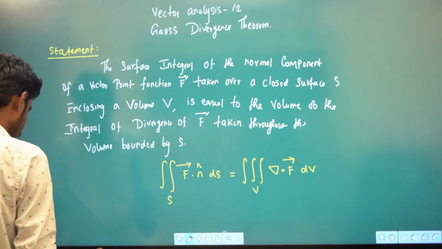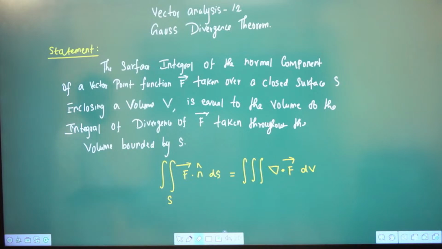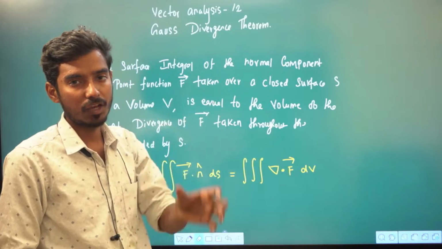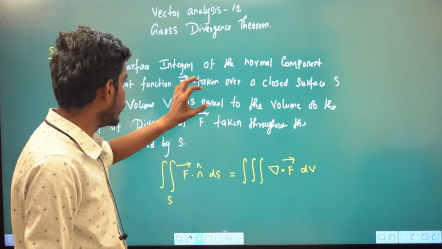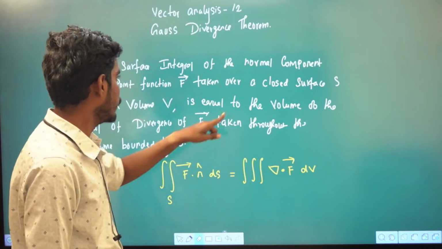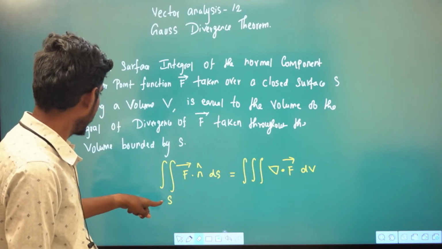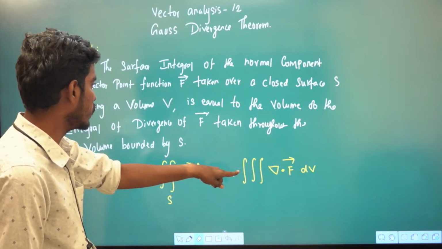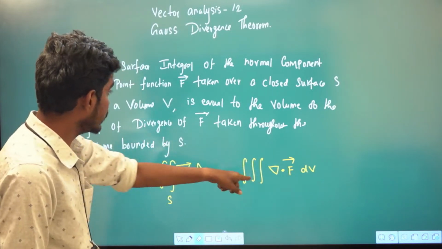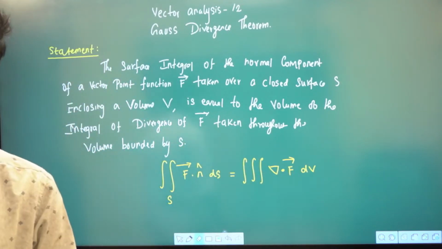Is it clear? This is what it is. If you have a vector point function F, the surface integral of the normal component of the vector point function taken over a closed surface enclosing a volume V is equal to the volume integral of the divergence of F taken throughout the volume bounded by S. This is what Gauss divergence theorem says.